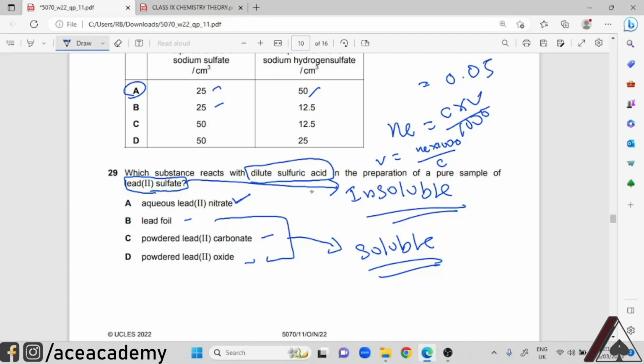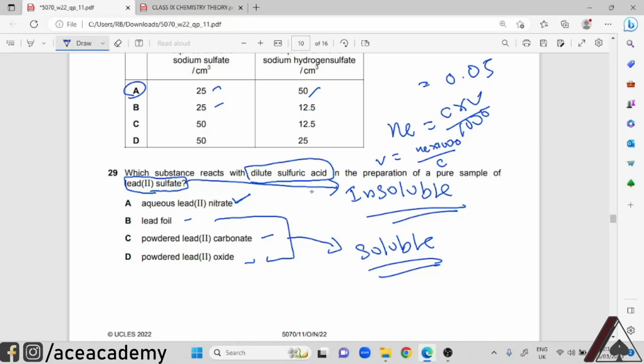And for lead 2 carbonate and lead 2 oxide, we know that these reactants are used when we are trying to make a salt that is soluble in water. But we know that lead 2 sulfate is not soluble in water.